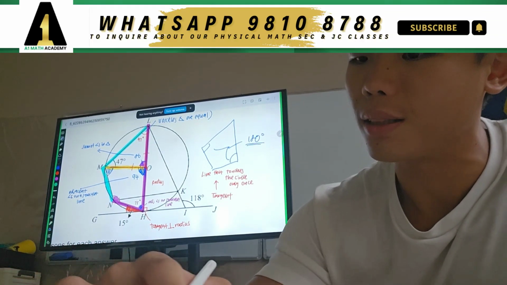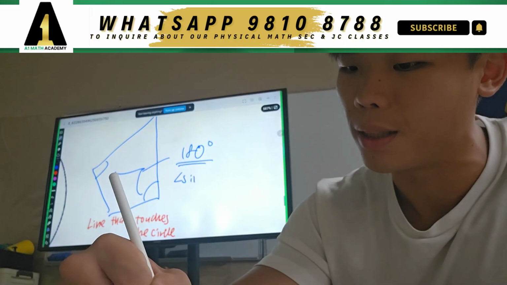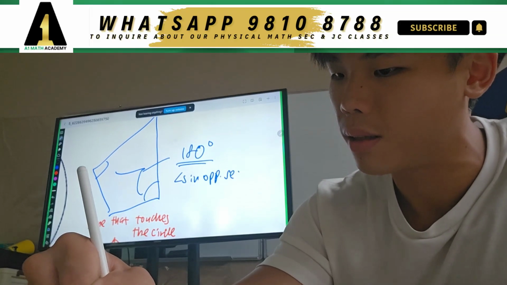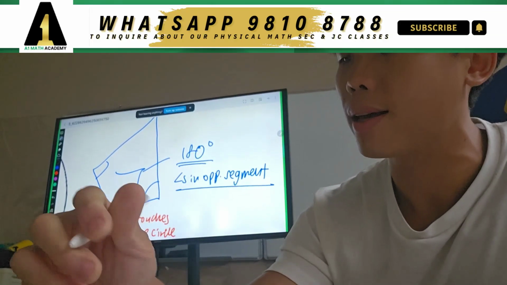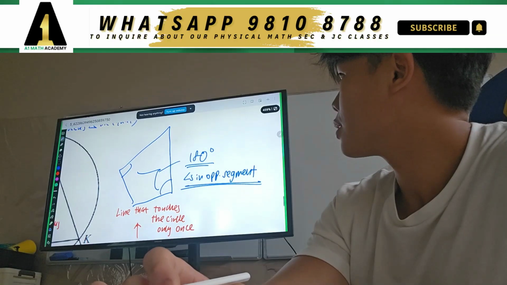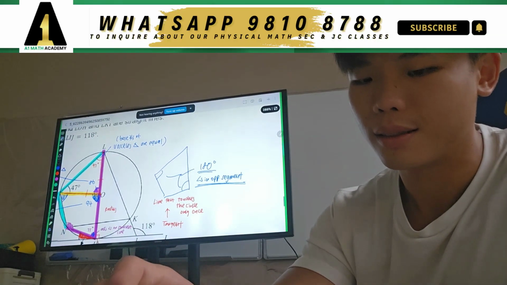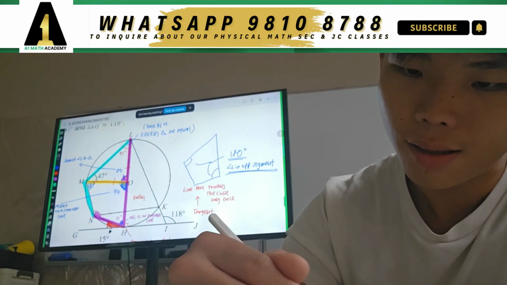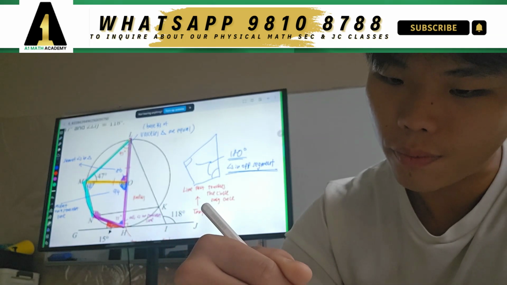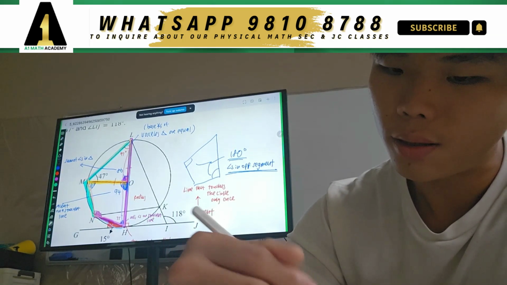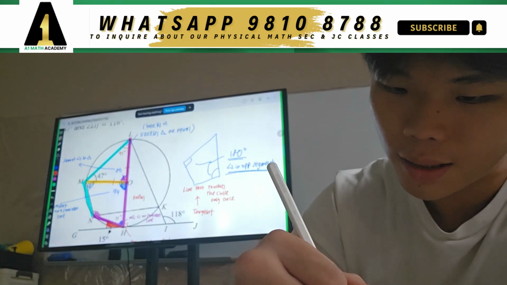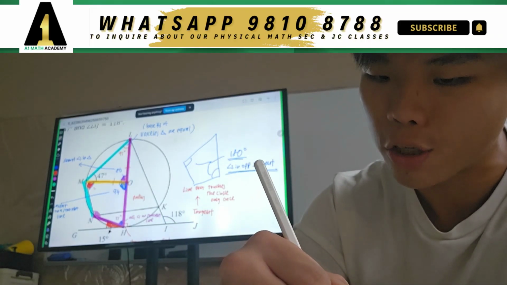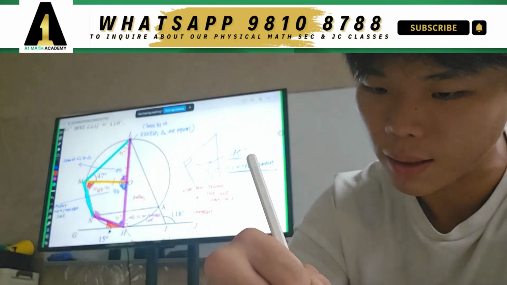What's the property on them? This is angles in opposite segment. Yeah, angles in opposite segment, because we see that we have a kite over there. So to find this remaining degree, I just take 180 minus 47 minus 75.